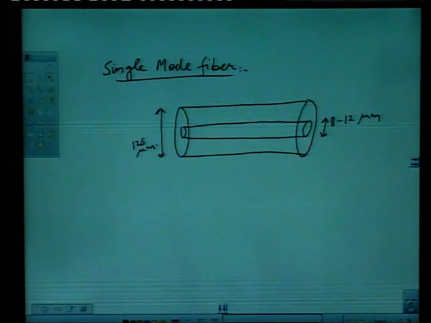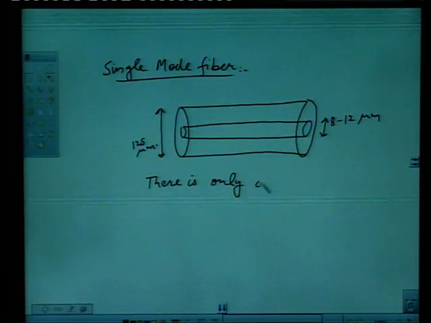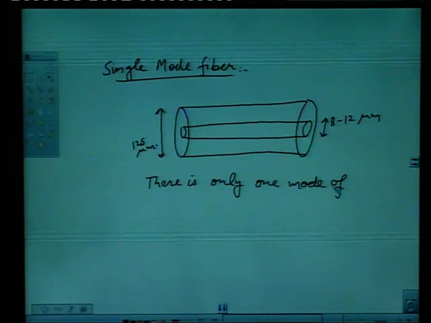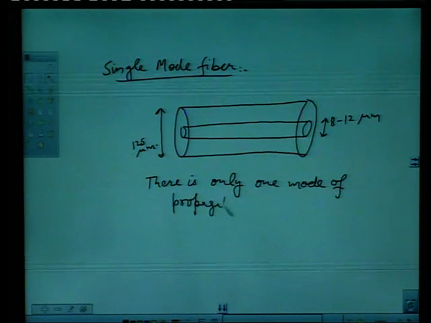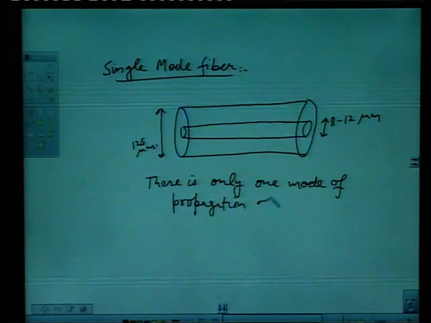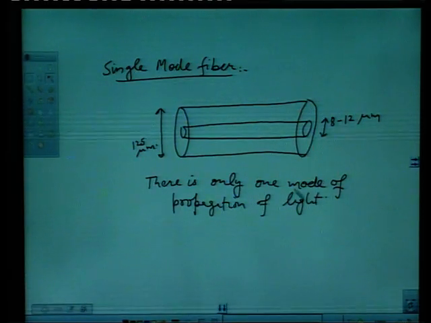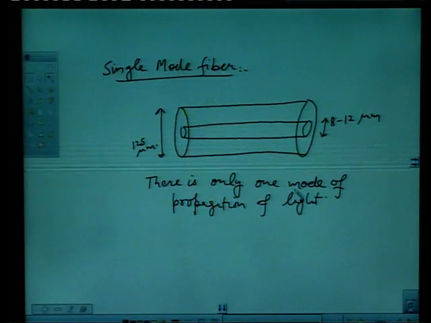So in this fiber there is only one mode of propagation of light. That's why the diameter of the core is very small, so it is used only for a single mode of propagation.